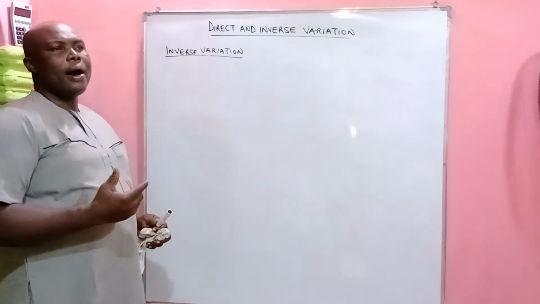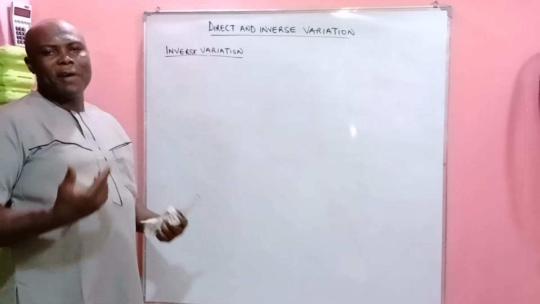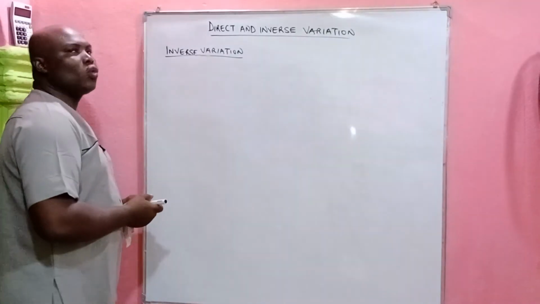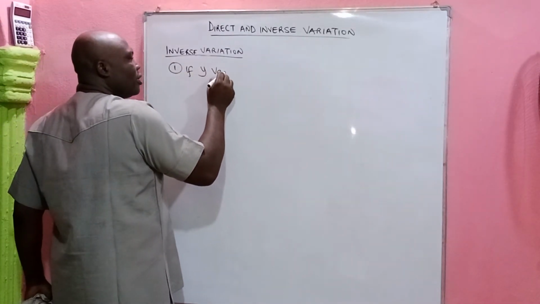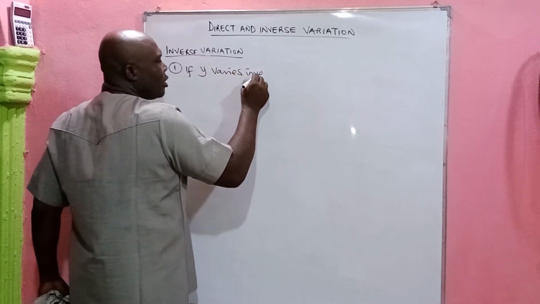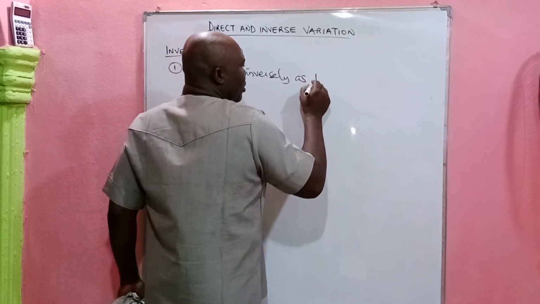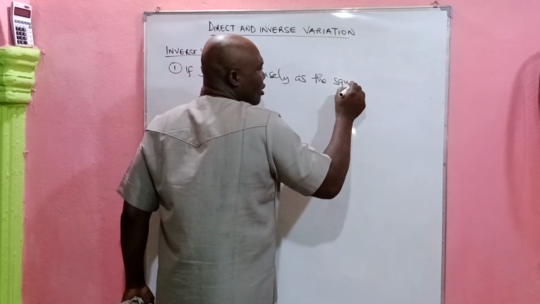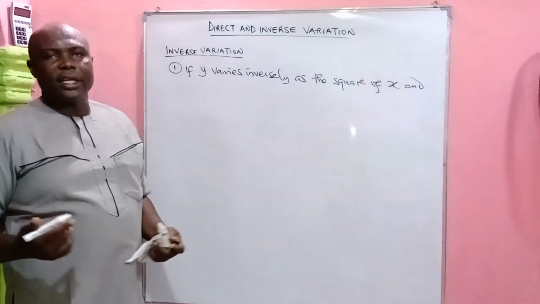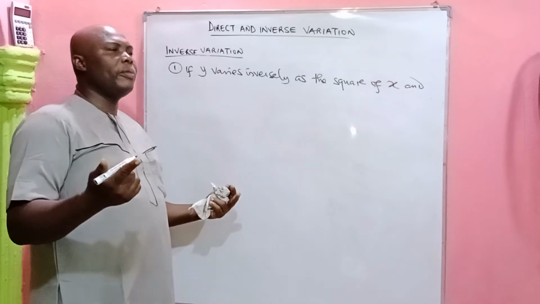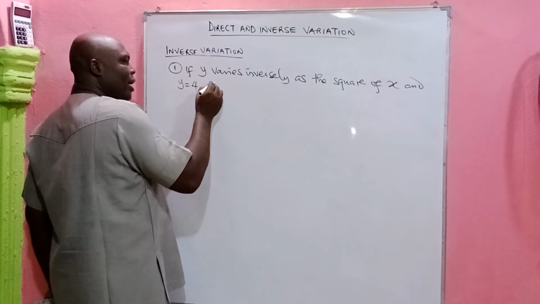For instance, let's say y varies inversely as the square of x, and y is 4 when x is 3.